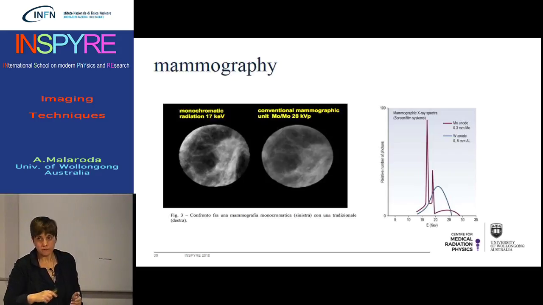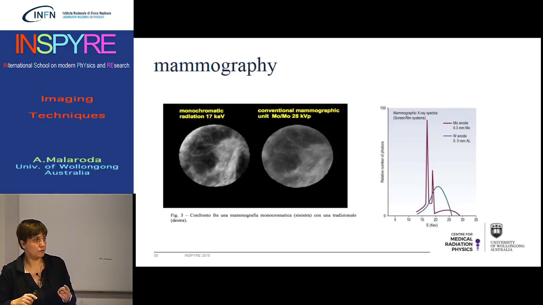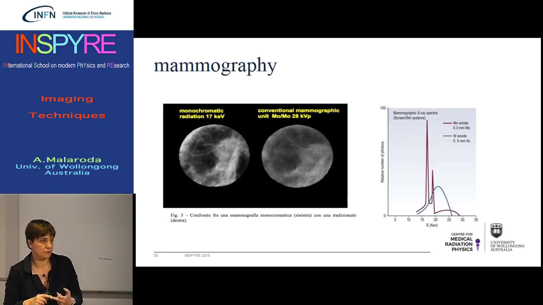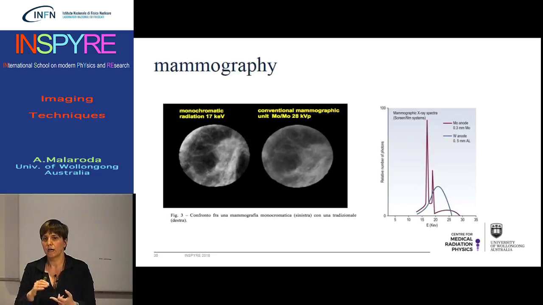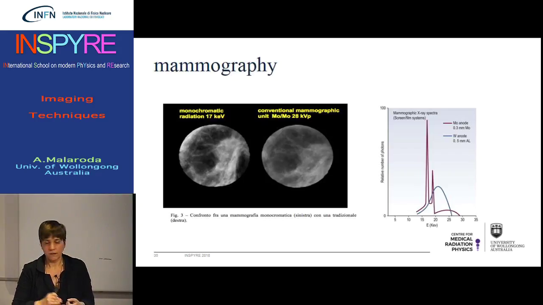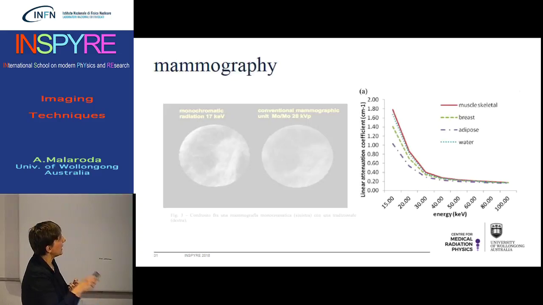In mammography, there are two things. First of all, the contrast you are looking at between attenuation coefficients is not between soft tissue and bones, but between glandular tissue and adipose tissue.